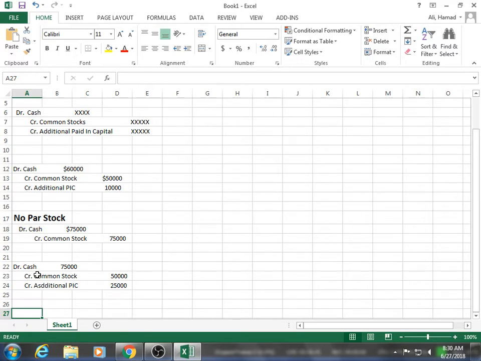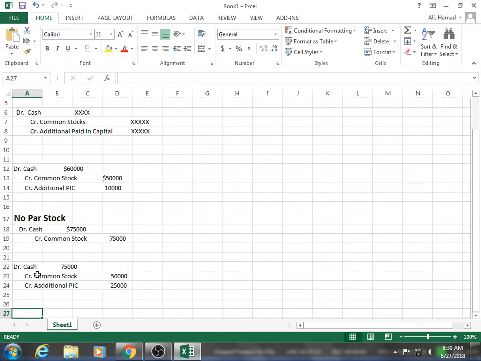All right. So here is the rule. If we don't know the market value of the shares or the issue price, not the par value, we know what the par value is, but we don't know the issue price, then the value of the asset, because we know it, is going to be the issue price of the shares.